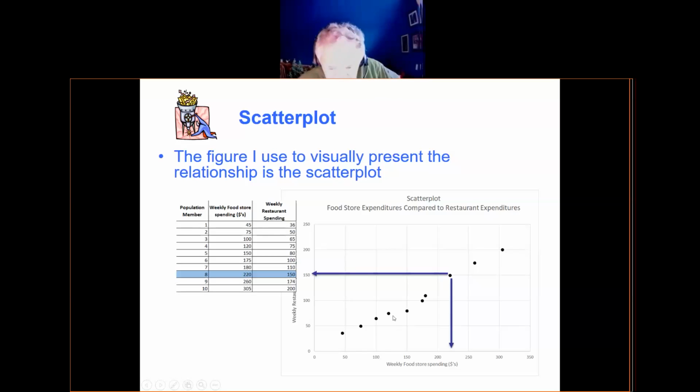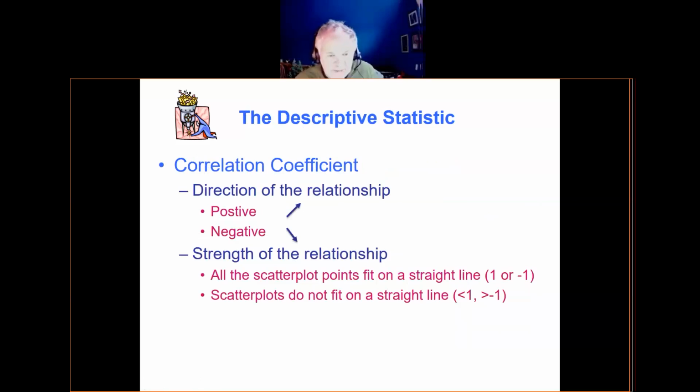The relationship can stay positive, but as the points start to separate from the straight line, the relationship, although positive, is getting weaker and weaker. Once it turns into a ball, with the dots scattered around like a shotgun pattern, I have no relationship. So there's the direction of the relationship, positive or negative, and the strength of the relationship.